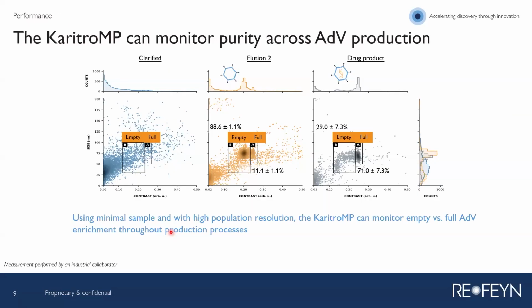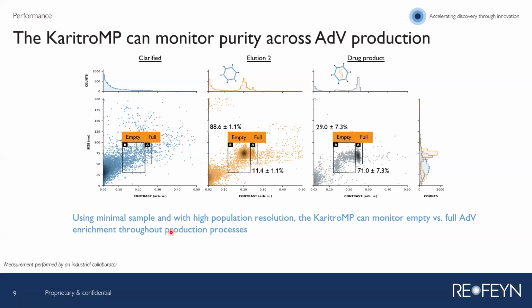As we've already shown that it can reliably measure heterogeneous adenoviral populations, we wanted to understand if KaritroMP can be adapted as a process analytical tool for process monitoring. So in this experiment, we looked at samples taken at different steps during the manufacturing process of an adenoviral drug. Going from left to right, we have a clarified sample, an elution sample from a chromatography column, and finally your drug product.